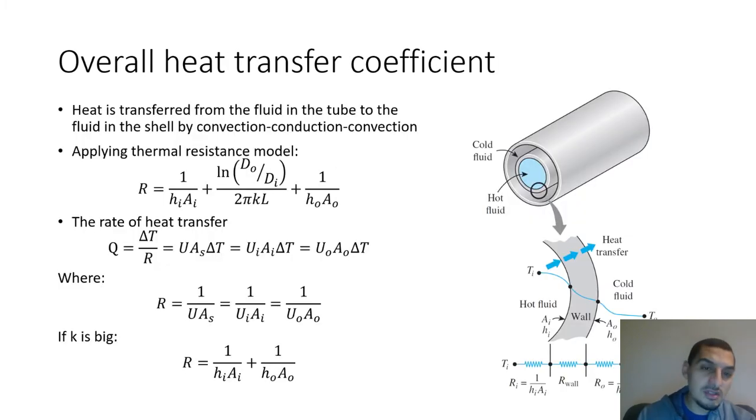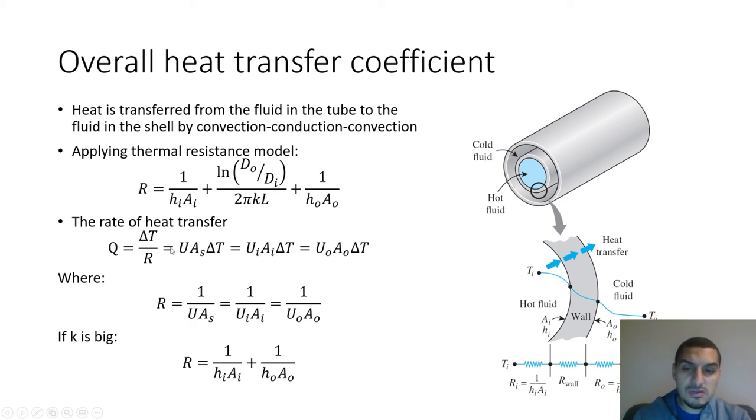The heat transfer in the heat exchanger happens in different modes. There is convective heat transfer in the tubes and in the shell, and the resistance of heat transfer is described by 1 over h_i A_i and 1 over h_o A_o, I for inside and O for outside the tubes. And this is the resistance by conduction through the tube itself.